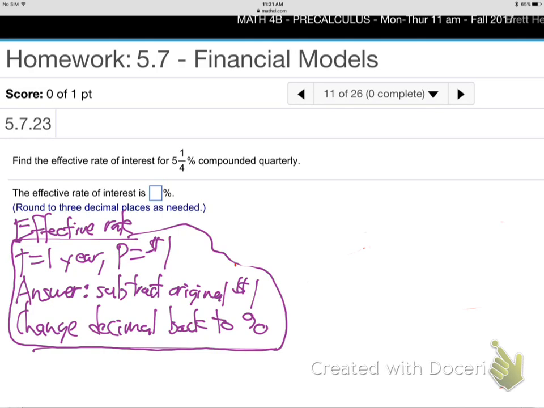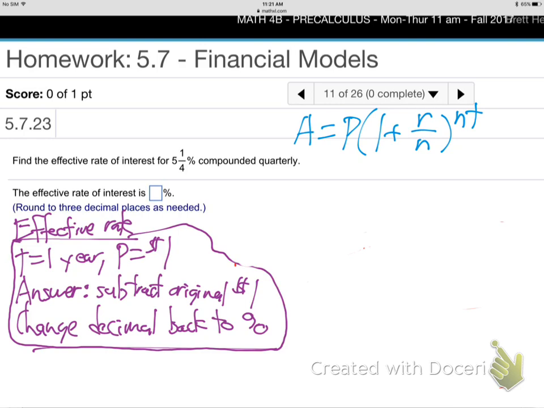If they say continuous, I use the PERT formula. If they don't say continuous, I use the first formula we used. This one says compound quarterly, so it's not continuous, so I'm just going to use the first one, (1 + r/n)^(nt). If they say continuous, that's when we always use the PERT one, Pe^(rt). They're not saying continuous, so it's just the first formula.